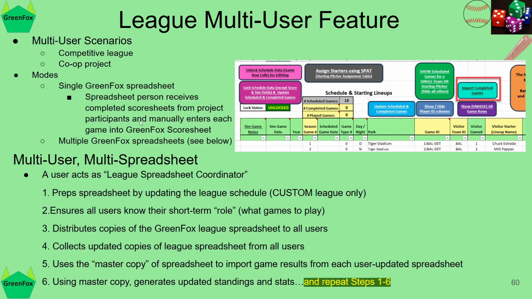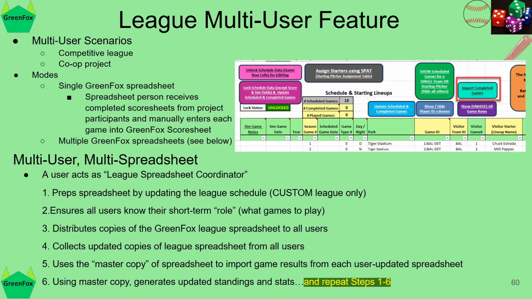So maybe they're playing on paper and they send their games in or email them, or however they send them to the GreenFox leader, and then that person will enter those score sheets into the GreenFox score sheet spreadsheet and compute the stats for each of those games.